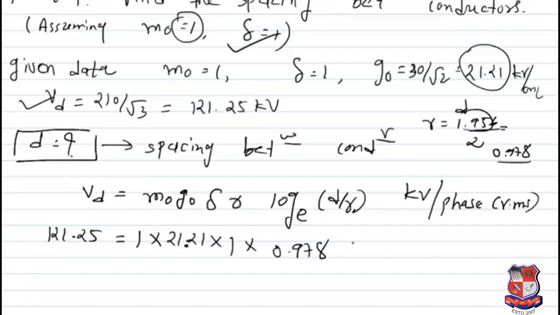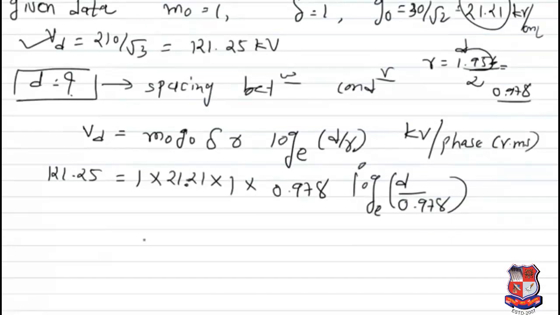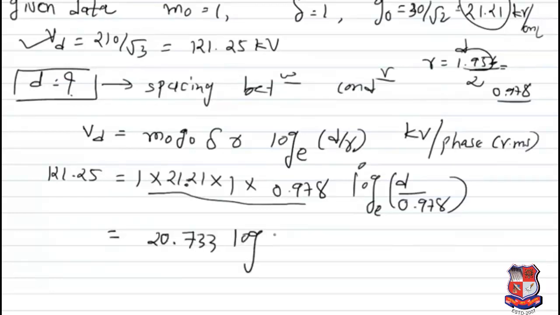Then log D, the spacing is not given, and the R is given 0.978. Now we need to calculate this D. So the multiplication of this, that answer is 20.733 log D by 0.978, and here 121.25.